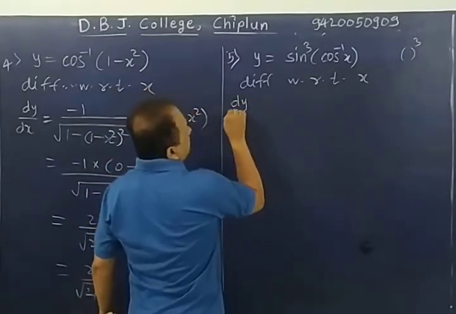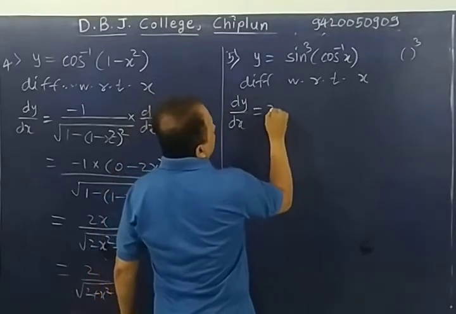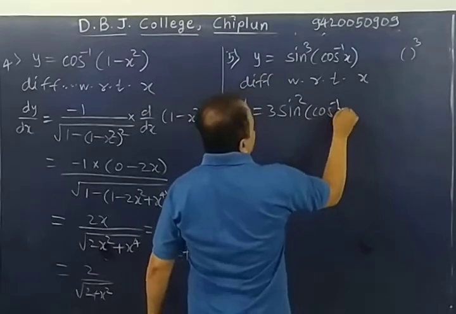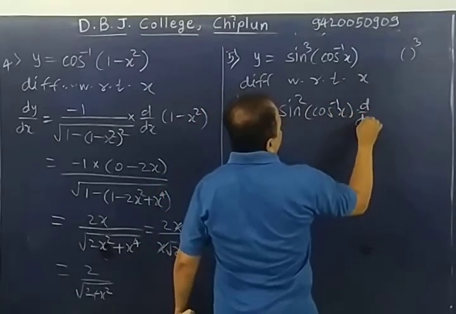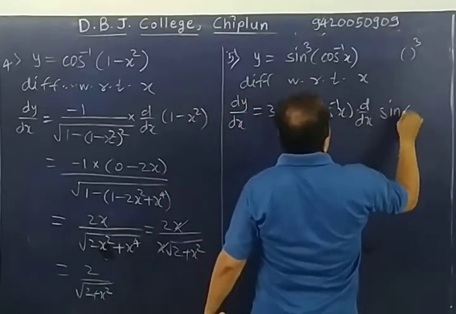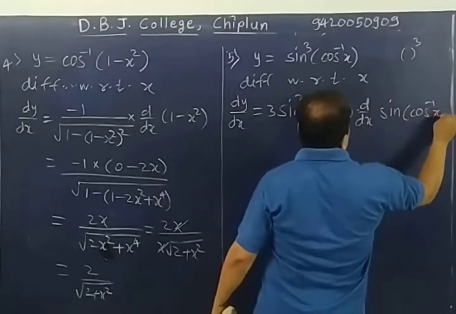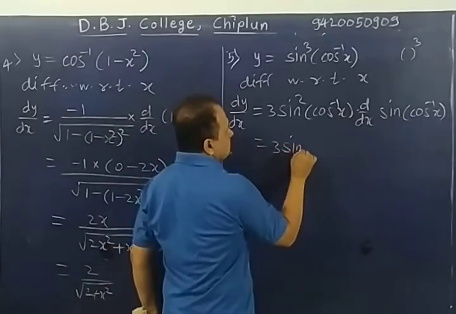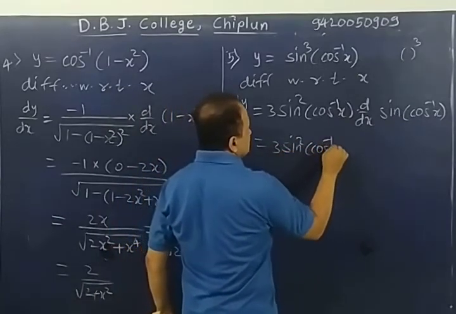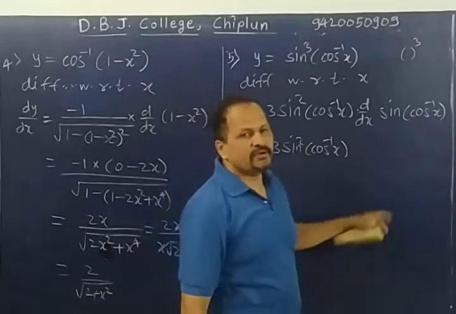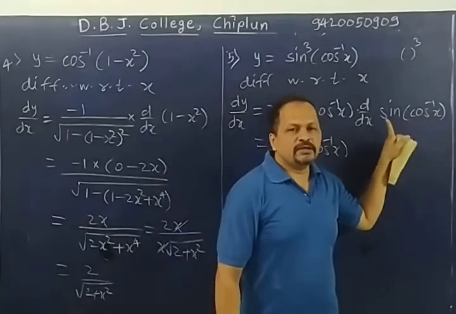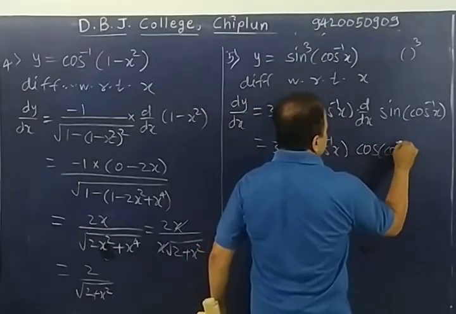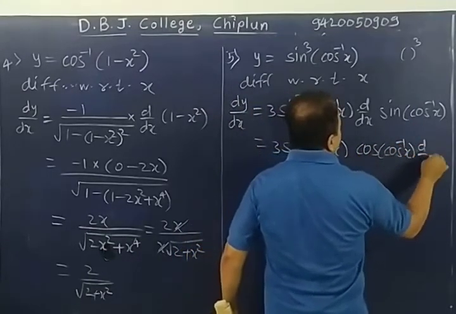So dy by dx is equal to 3 into bracket square into derivative of bracket, equal to 3 into sine square cos inverse x into derivative of sine bracket. Derivative of sine bracket is cos bracket into derivative of bracket.